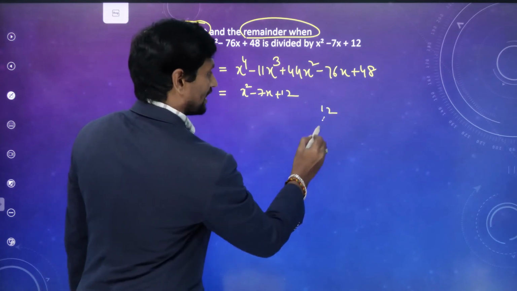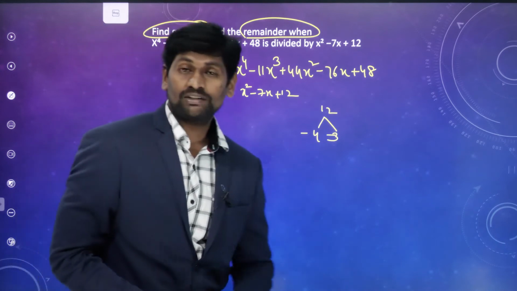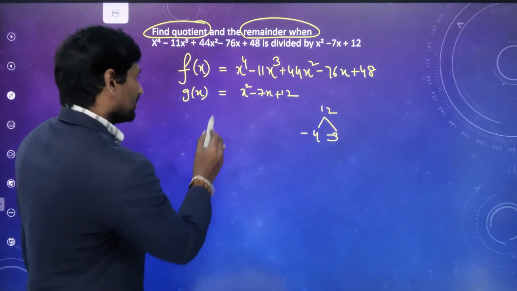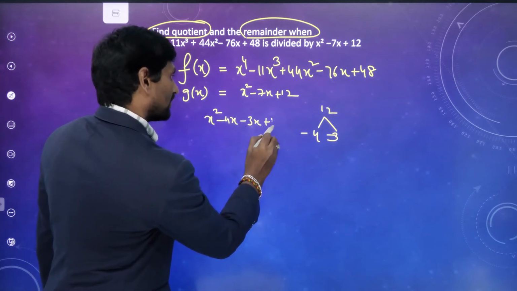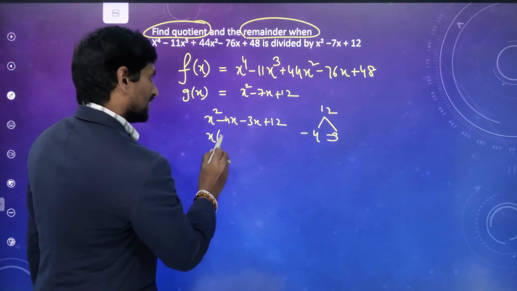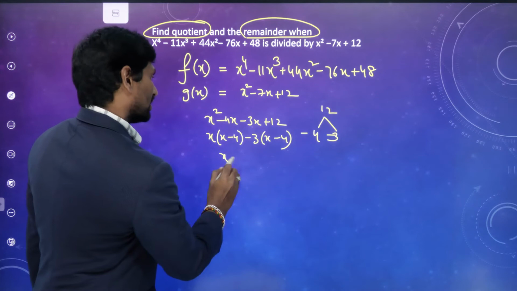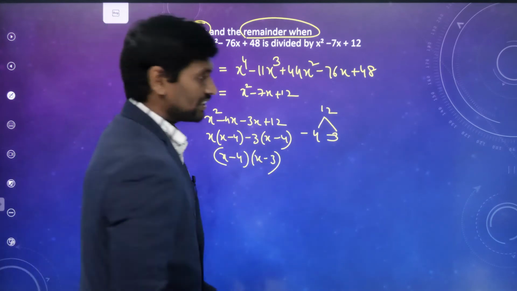The factors of 12 are 4 and 3, taking both negatives, and we can split minus 7x as minus 4x and minus 3x. That is x square minus 4x minus 3x plus 12. So simply x minus 4 and x minus 3 are both factors here. Now apply the synthetic division.